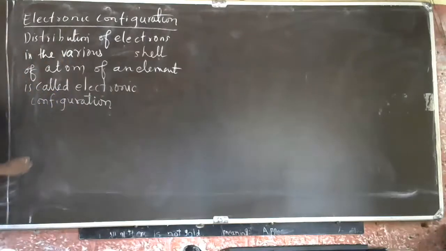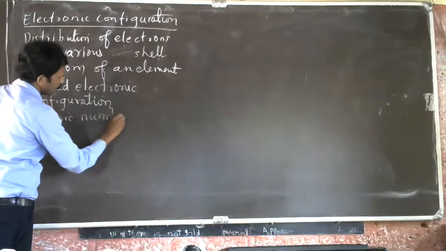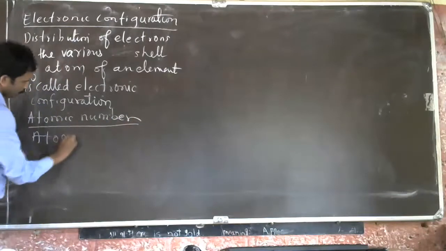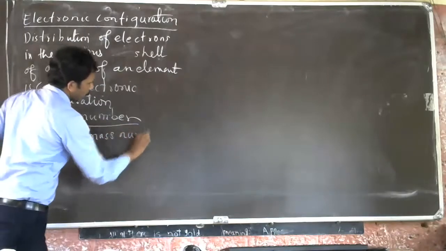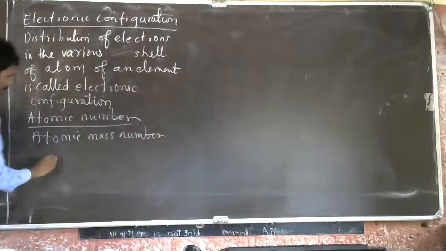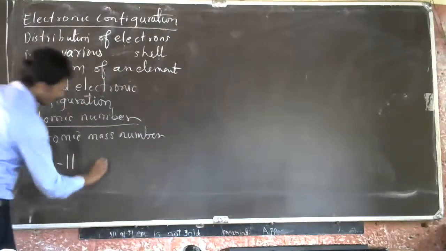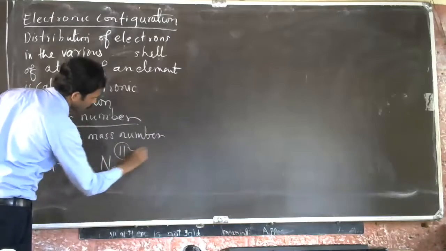Usually, how are the atomic number and atomic mass number represented? For sodium, where the atomic number is 11, we write the atomic number 11 and the atomic mass number.